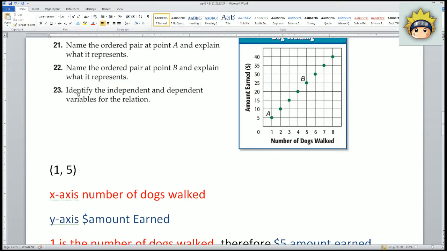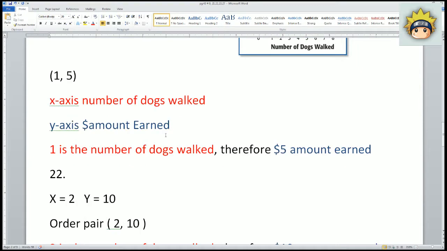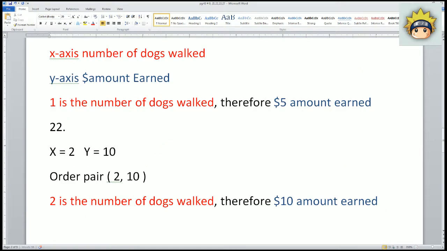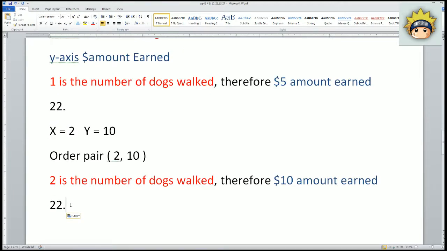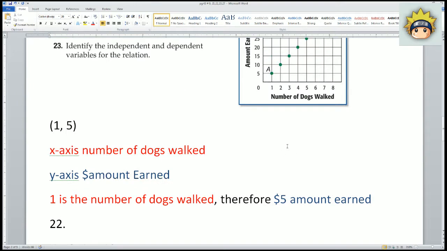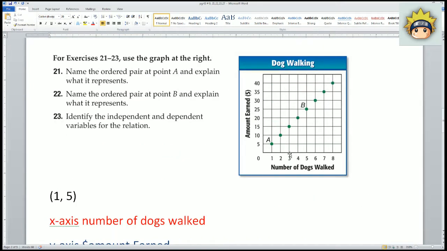Number 23 says identify the independent and dependent variables. What I want you to understand from our notes is this: the independent variable is always the input. We also call that the x values. In our case, it is 1, 2, 3, 4, 5, 6, 7, 8.